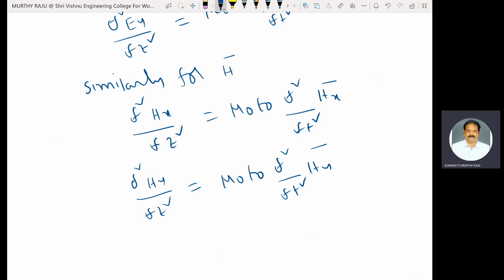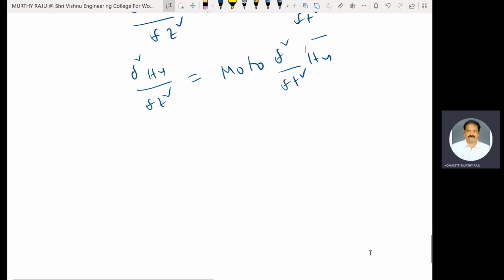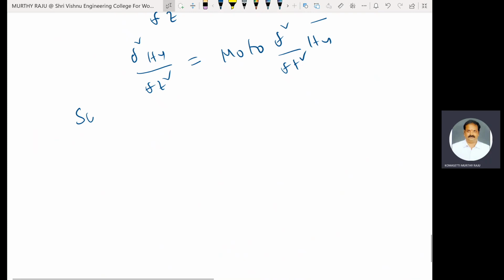This is the wave equation for uniform plane wave in free space traveling in z direction. These are the equations. Next one is solution of wave equation.